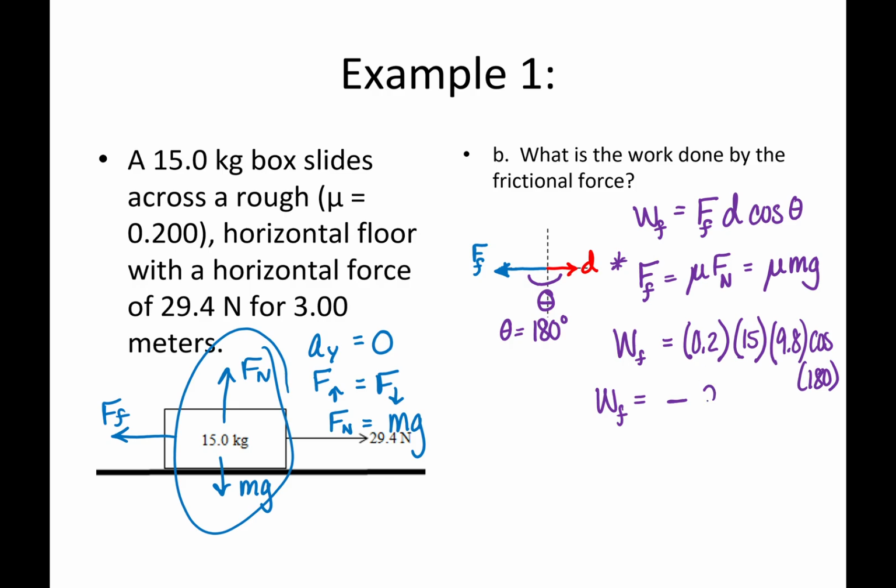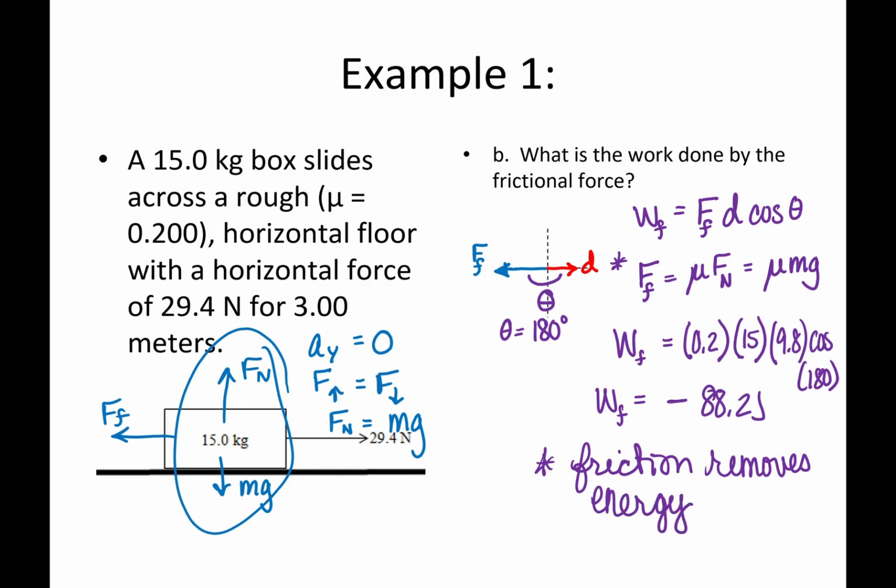Punching it in our calculators, we get negative 88.2 joules, which means friction removes energy. Huh. This seems like something we maybe talked about early, like, I don't know, just friction removing or slowing. This just seems kind of familiar.